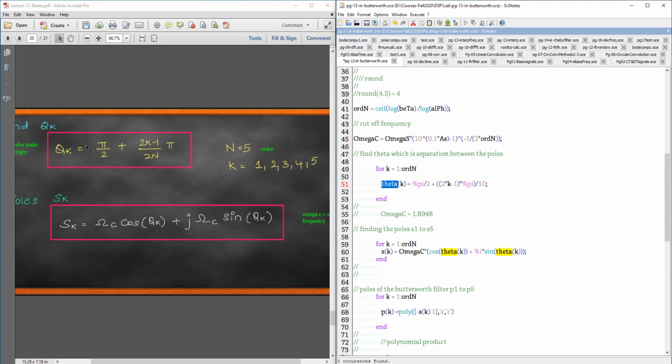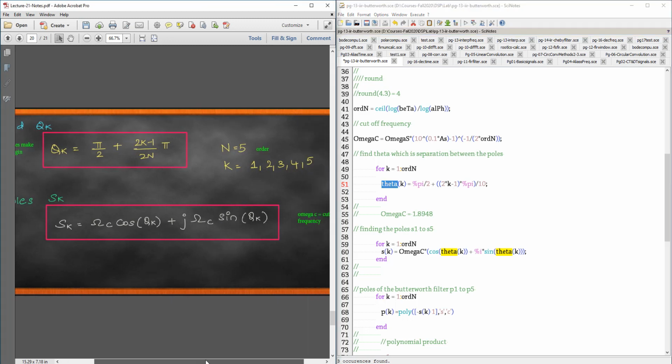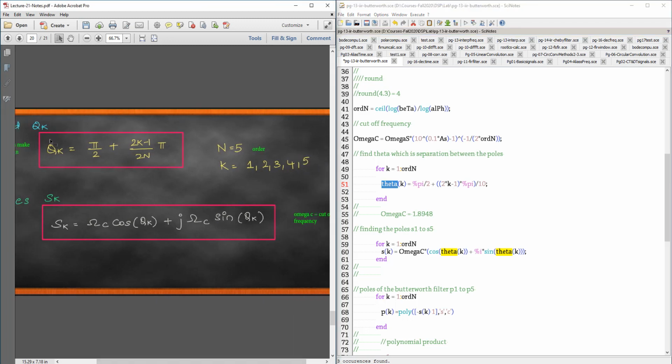Once I have my cutoff frequency, what is the next step in my Butterworth? Finding or computing theta k. So where is theta k? Yes, here. So find or compute your theta of k, and that computation I can do by this equation: pi by 2 plus (2k minus 1) pi divided by 2 star n, where n is the order.